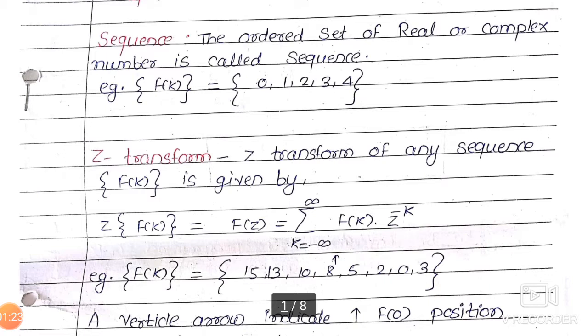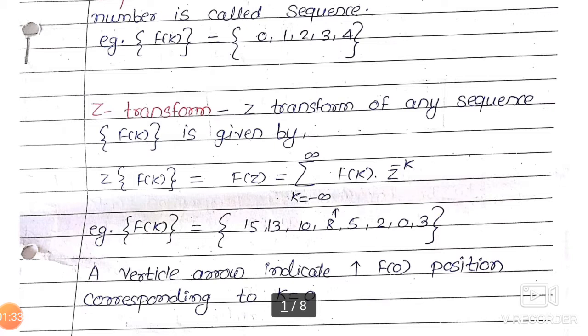Here we have considered the sequence f of k, that is 15, 13, 10, 8, 5, 2, 0, 3. In this sequence, on number 8 there is a vertical arrow. This vertical arrow indicates the f of 0 position, corresponding to k equal to 0.